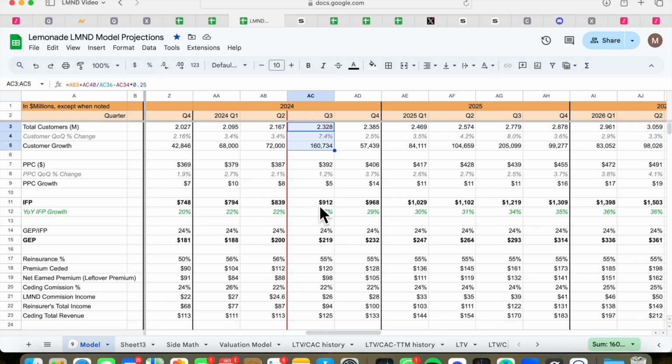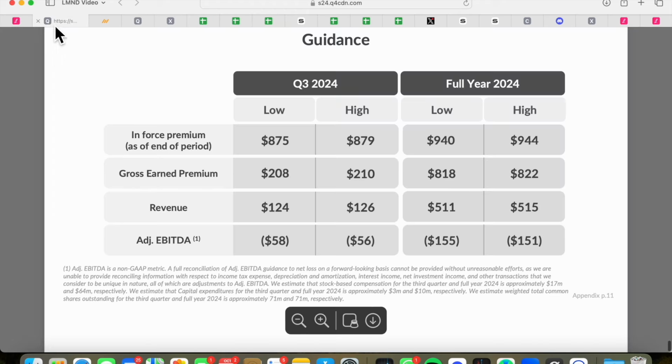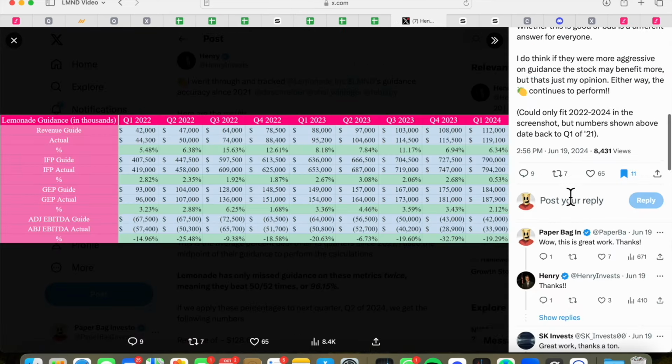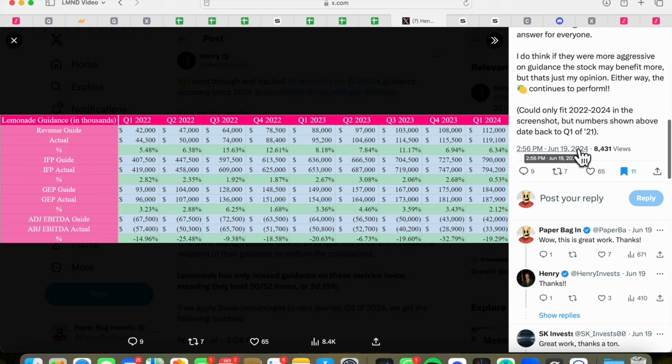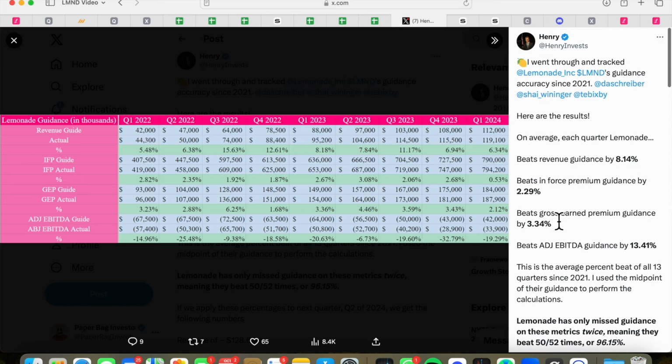Now, in terms of their in-force premium, the guidance for this quarter is that in-force premium might be $879 million at the high end. Lemonade has a history of beating guidance. There's a great tweet here by Henry Invests in June of this year, 2024, about how often Lemonade beats their guidance. They almost always beat it.